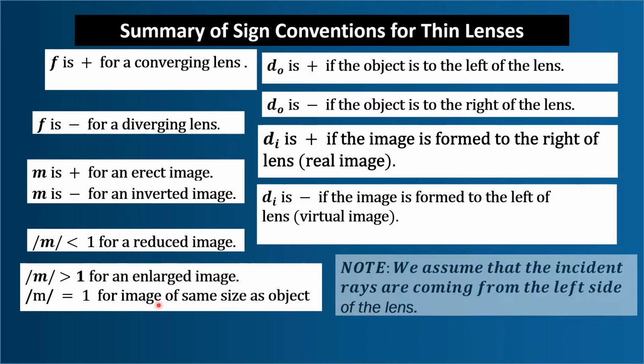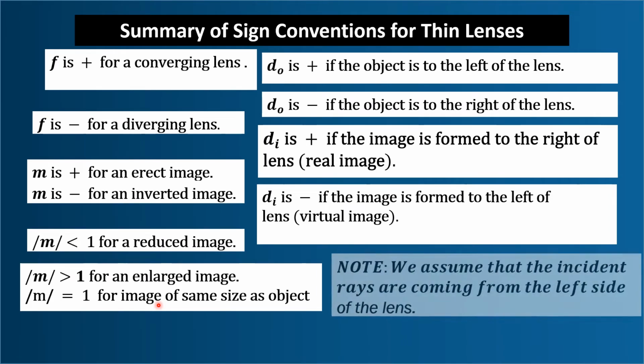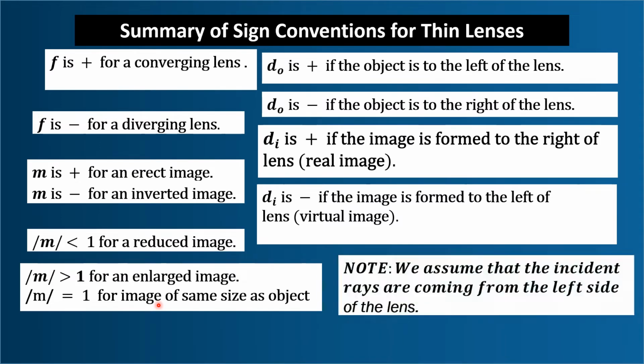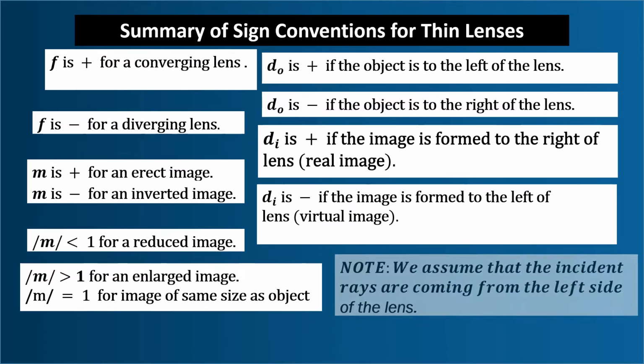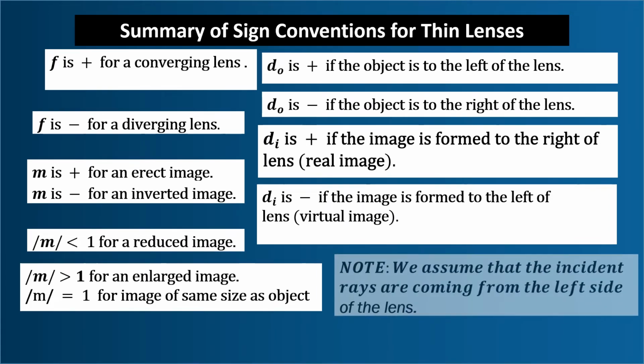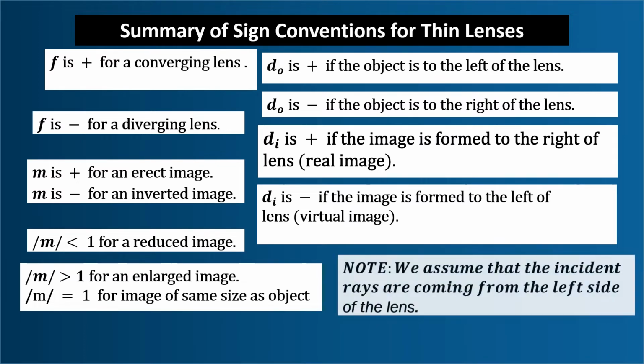And if the absolute value of the magnification is greater than 1, then the image is enlarged. All of these sign conventions are based on the assumption that the incident rays or the incoming rays are emanating from the left side of the lens.